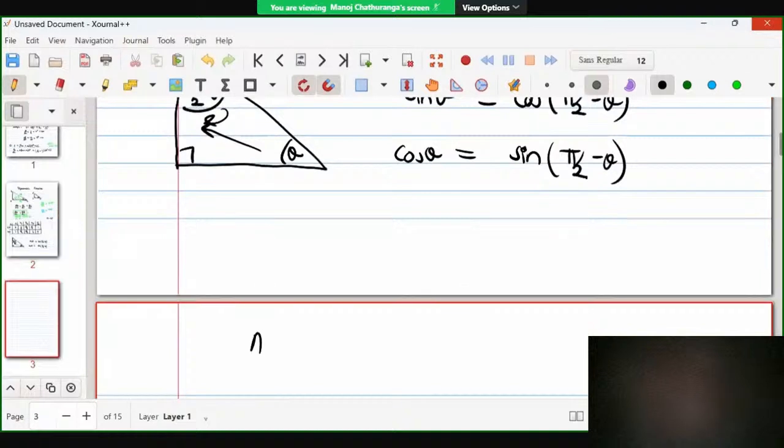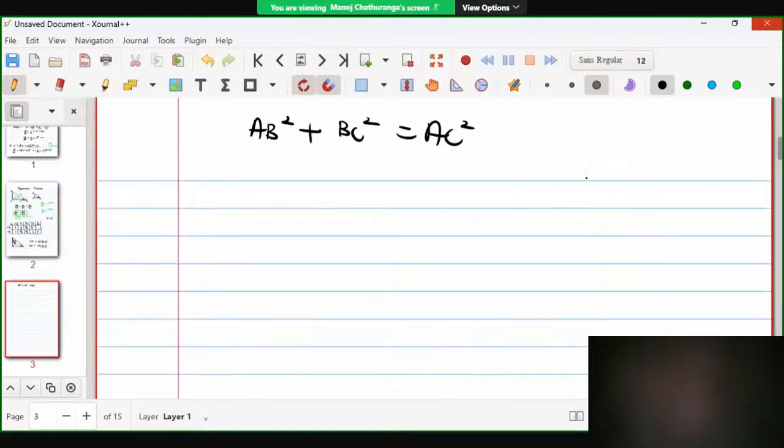For example, the Pythagoras theorem says the areas of the squares drawn on these sides containing the right angle sum up to the area of the square drawn on the hypotenuse.